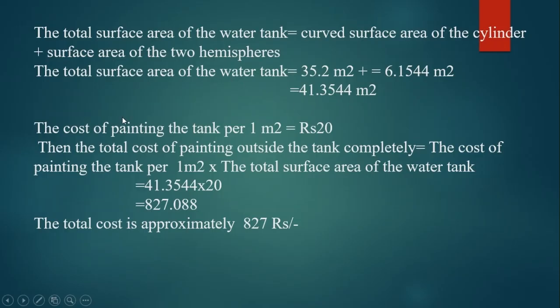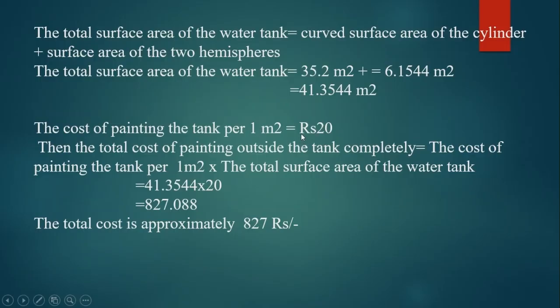Okay, so what do we need? Actually, we need to find the cost for painting. It is given that per 1 square meter of area, they take 20 rupees. So we have the total surface area, and for 1 square meter, they have given 20 rupees.